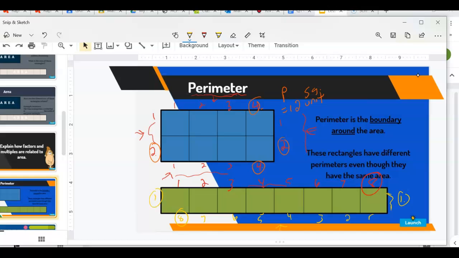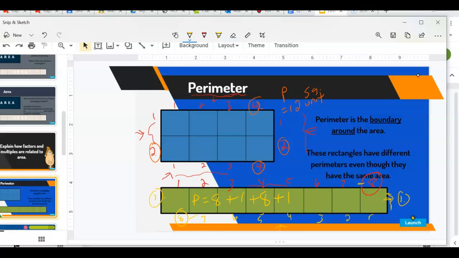1. So now we need to add those up in order to define the perimeter for this one. So I'll just write that in the middle. Our perimeter is going to be equal to 8 right here, plus 1 right here, plus down here 8 more units, and over here 1.